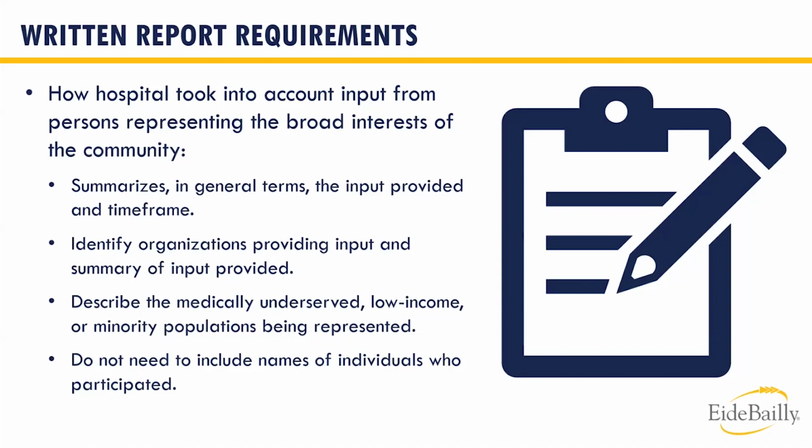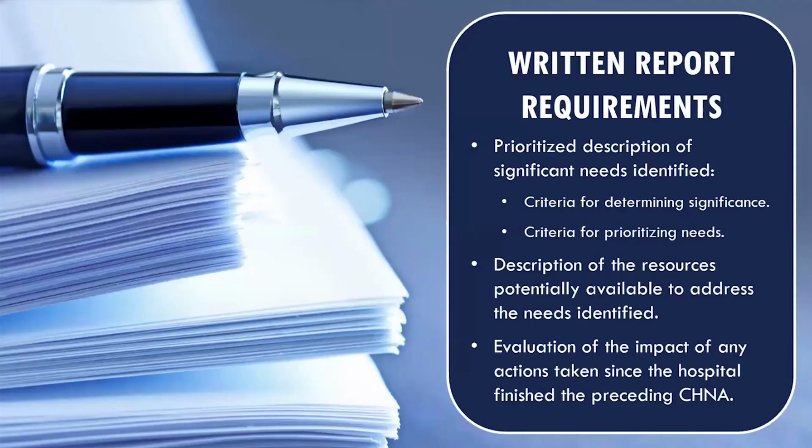So you could list, our focus group included representatives from the local school district, from our emergency room physicians, the local dentist. So you can describe them by virtue of their occupation or their role in the community. You don't have to put specific names.